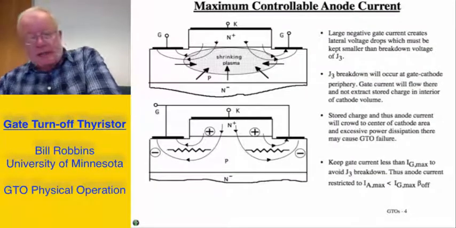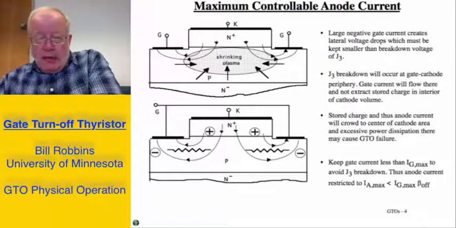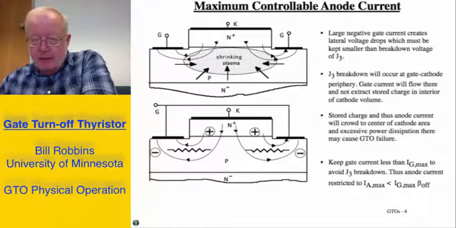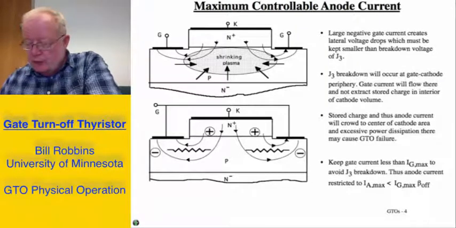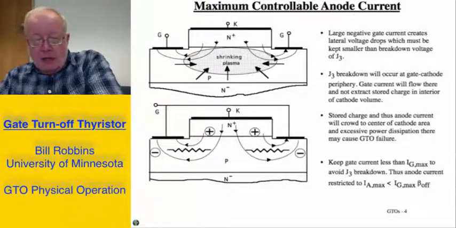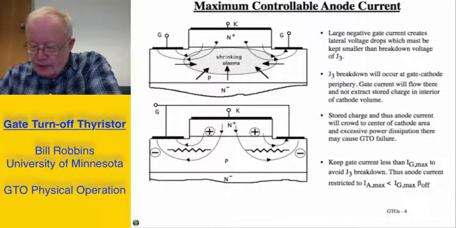Moving on to the next slide, part of this discussion has to take into account that there is a maximum controllable anode current. I show here a diagram of a cross-sectional view of one of the gate cathode regions, and in this instance we are pulling a negative gate current in the direction that I've shown here.